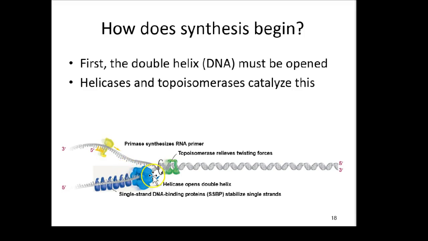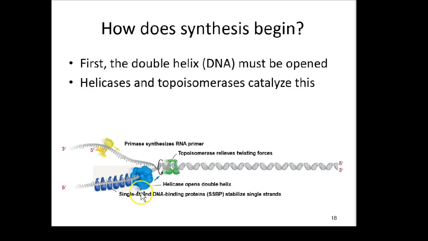They need to open the double helix, and before that can happen, you need to relax the double helix as well. You need to undo what is called supercoiling. So topoisomerases are going to relax the twisting forces known as supercoiling, and then helicases are going to actually open the replication fork by breaking the base pairs that would anneal or keep together the double-stranded DNA molecule.